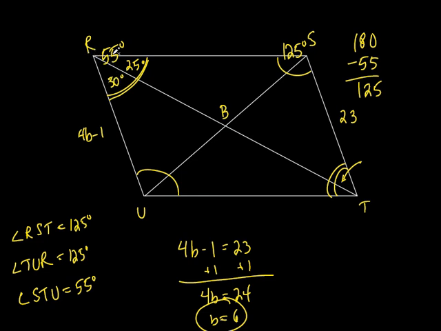Because look, I've got parallel lines. This one and this one are parallel to each other, right? Because it's a parallelogram. And this is my transversal. If this is 30, then that has to be 30 right there. And of course, this has to be 25 for the same reason. Does that make sense? That was a little bit harder to see than the whole thing, but they could very well ask for something like that.